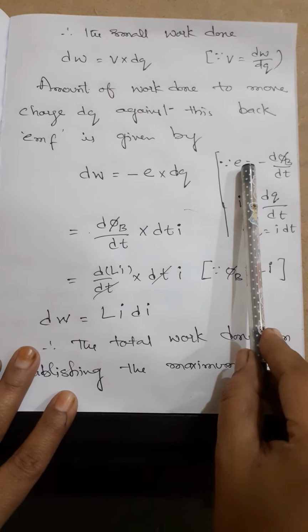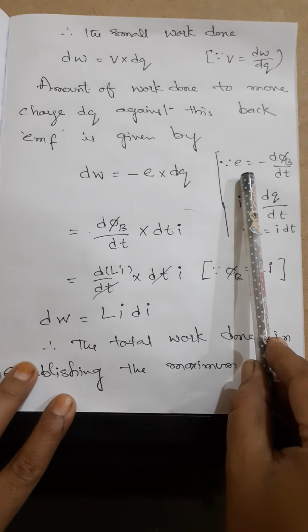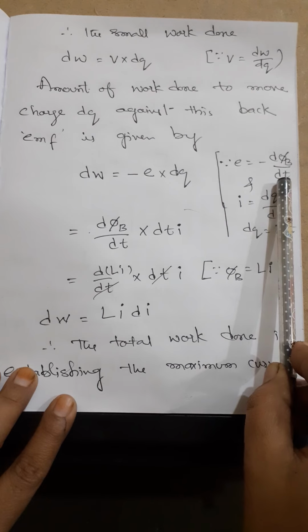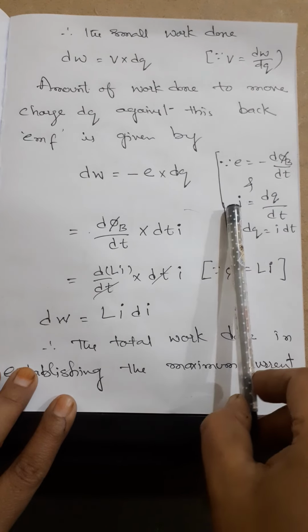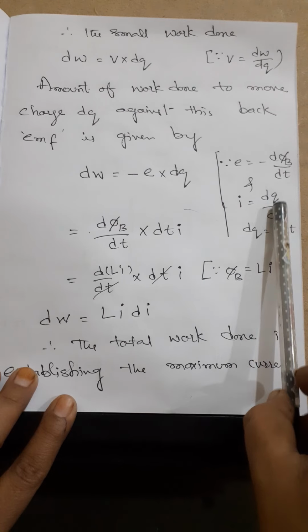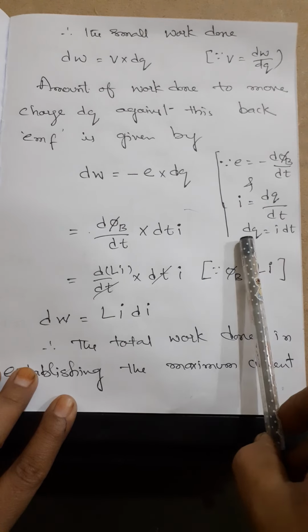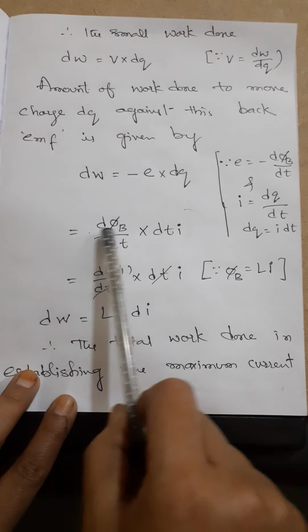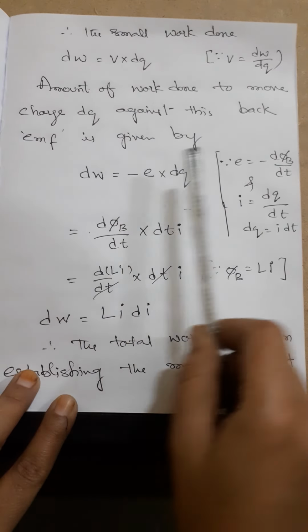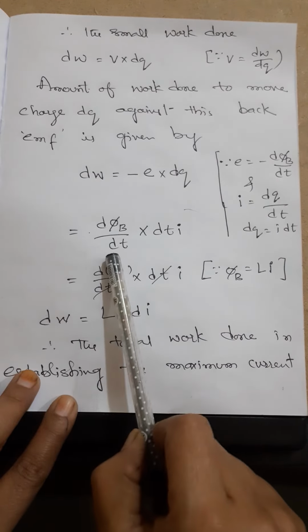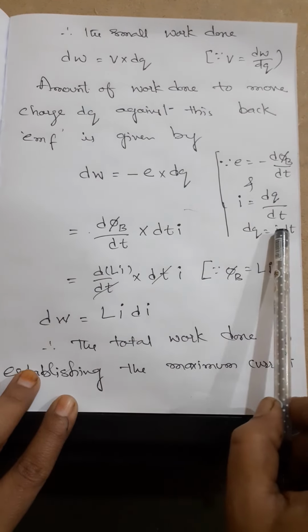Now we know that according to Faraday's second law, E is equal to minus dφB by dt. And I is the rate of change of charge, that is dq by dt, or we can write dq is equal to I dt. So dW can be written as minus, and this is also minus, so we can write plus dφB by dt into dq, whose value is I dt.